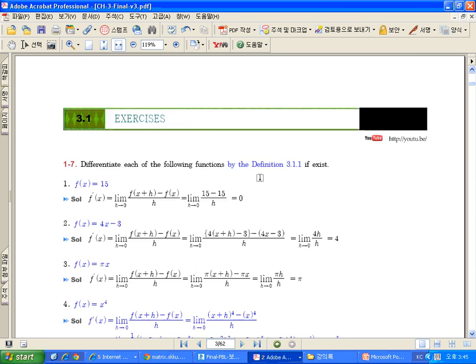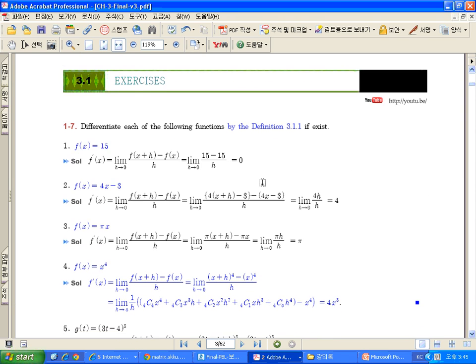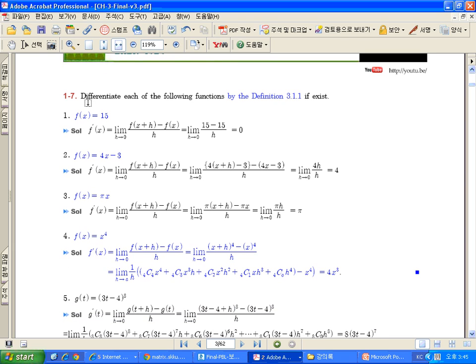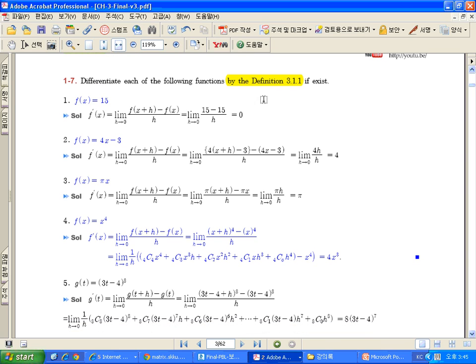Okay, so there are exercises, and I made some changes in the problems. Differentiate each of the following functions by the definition. For constants, you can easily find the limit. The derivative is 0.